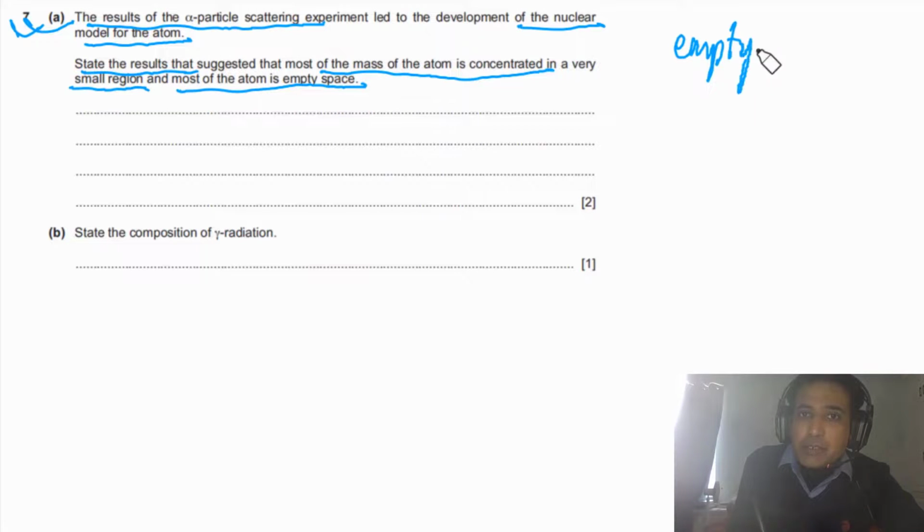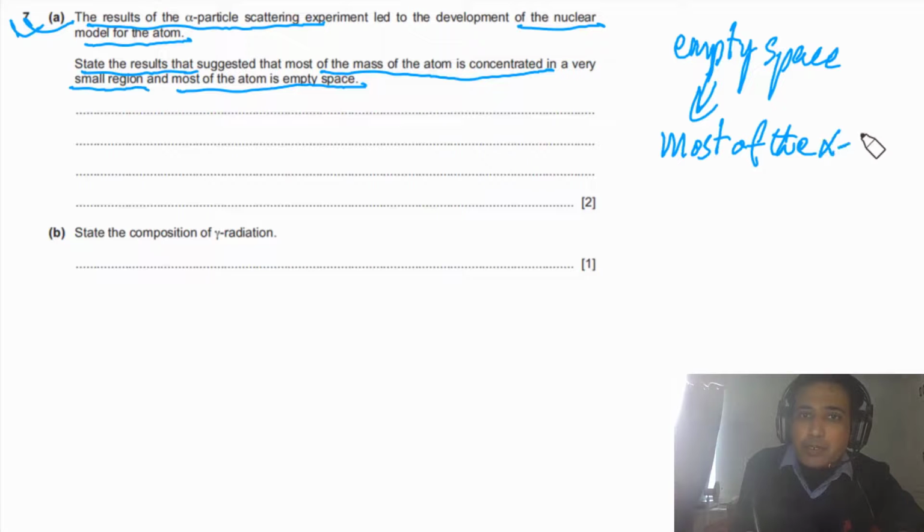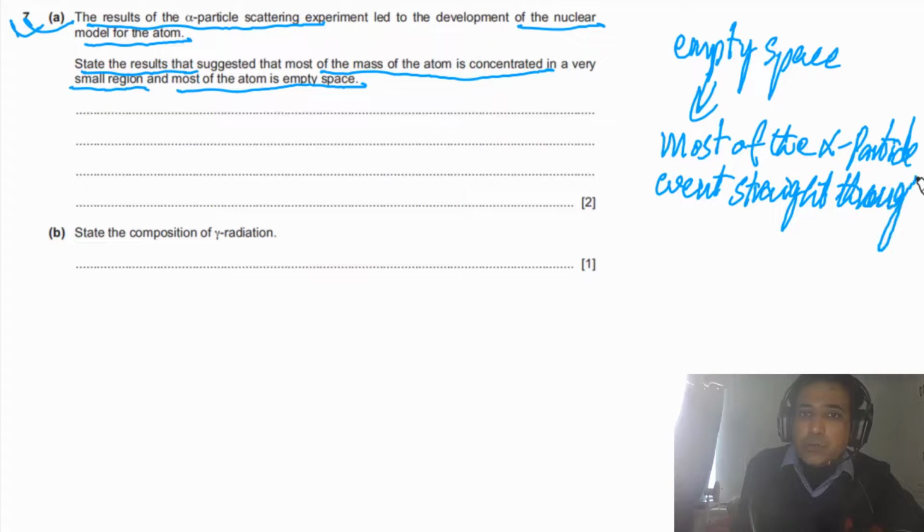Empty space, this is the conclusion, because most of the alpha particles went straight through, means nothing is there, went straight through the gold foil, so we can say straight through. So this is the observation of this conclusion.